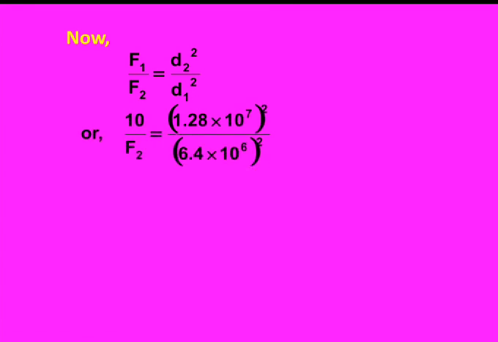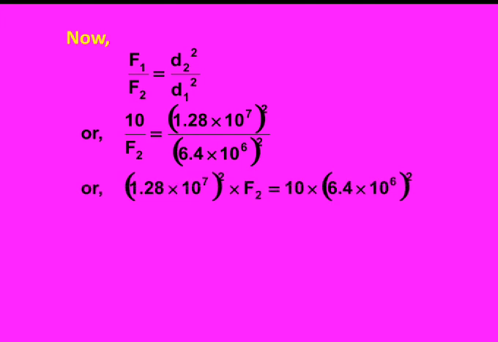or 10 upon F2 equals 1.28 × 10^7 whole square whole upon 6.4 × 10^6 whole square, or 1.28 × 10^7 whole square into F2 equals 10 into 6.4 × 10^6 whole square.